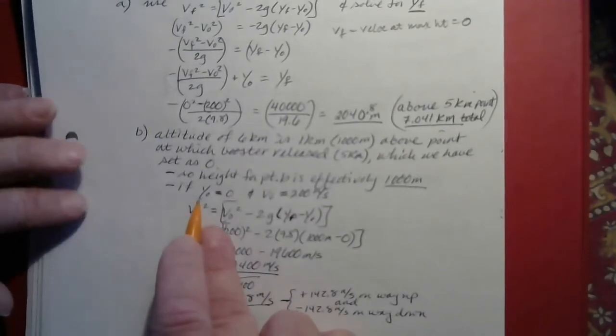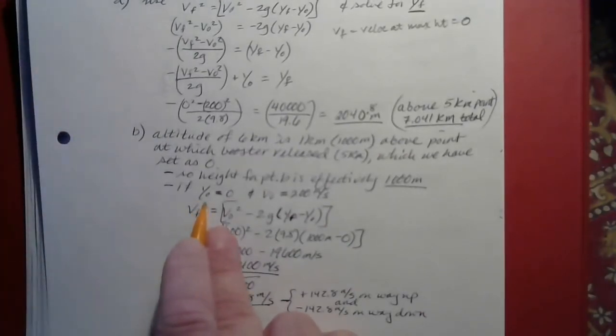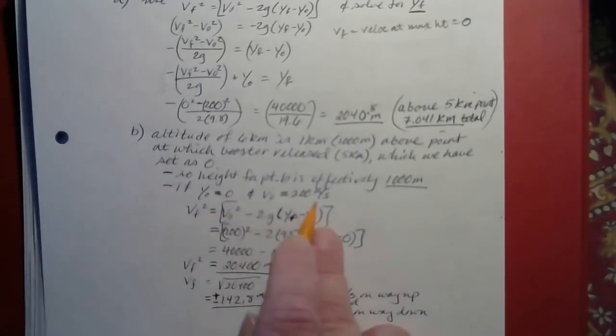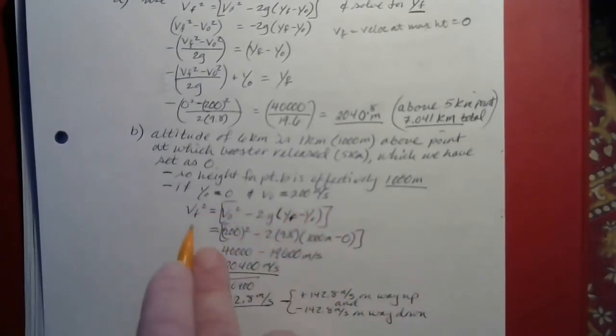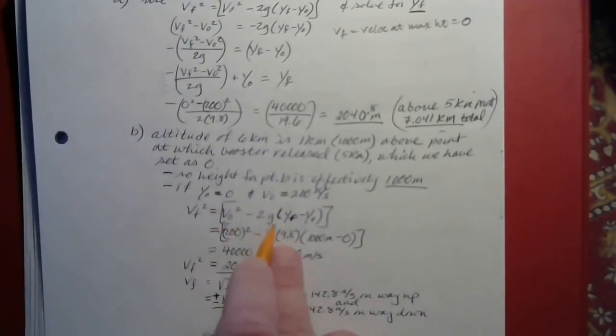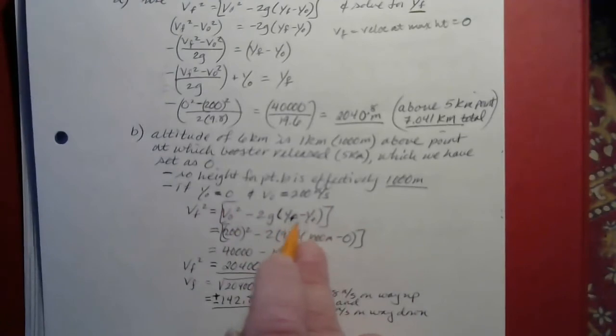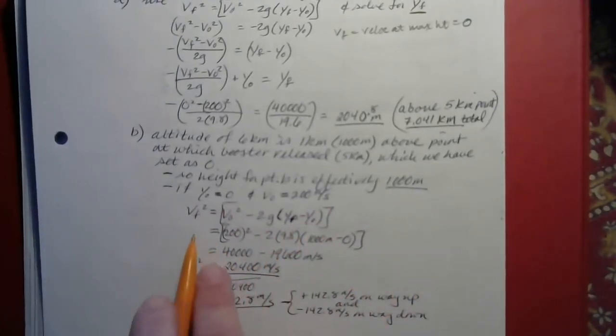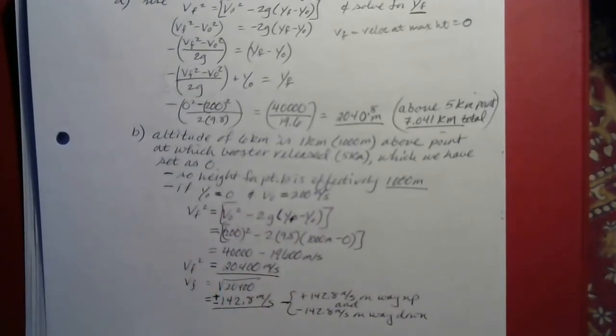So if y original, that is the point at which the booster is released, is 0, and v original is 200 meters per second, then we can take the equation v final squared equals v original squared minus 2g times the displacement in the y direction, and just basically put in the numbers.